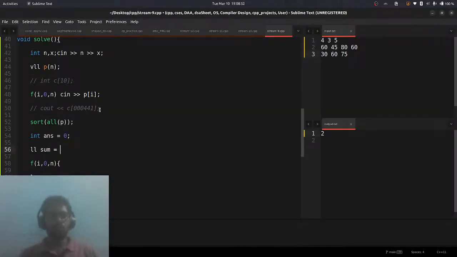But okay, it will not work. So the sum is 0 initially.